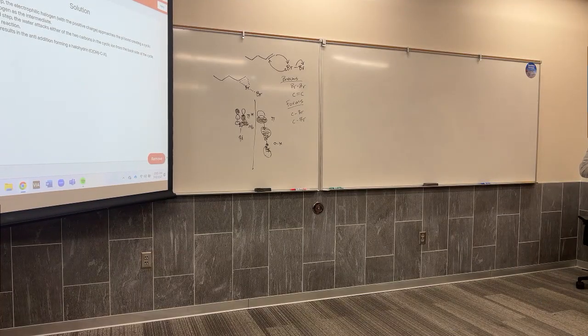OH2 plus bonded to the structure. It needs to be deprotonated in order to give the halohydrin. So you could think of it as the intermediate that forms is a protonated alcohol. You could think of it as water attached to the molecule.